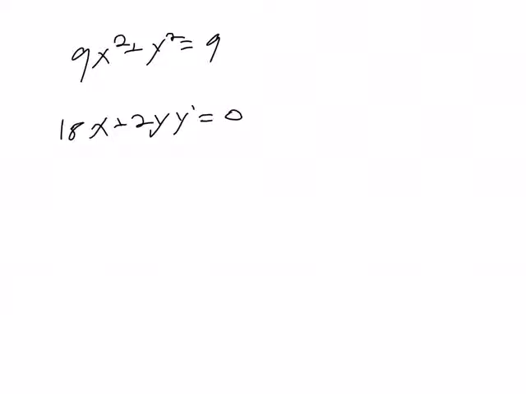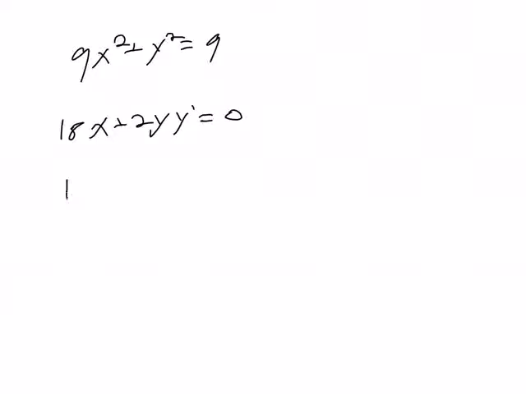Now they ask us, this is problem 33, find y double prime, the double derivative by implicit differentiation. So we have 9x squared plus y squared is equal to 9. So first we have 18x plus 2y y prime is equal to 0.